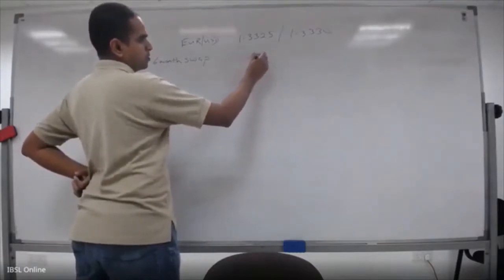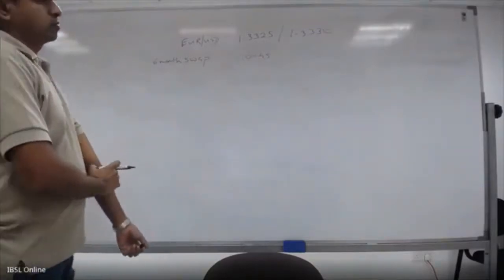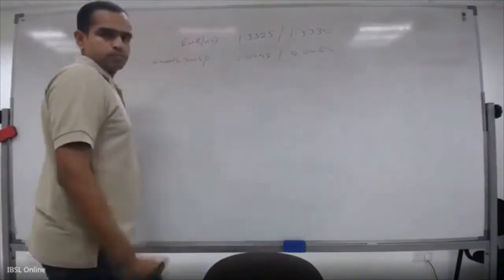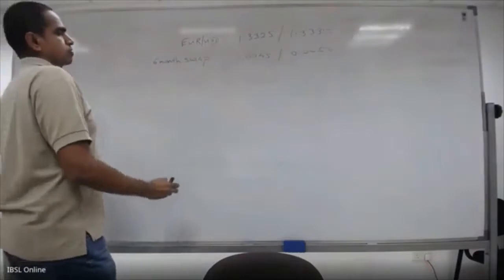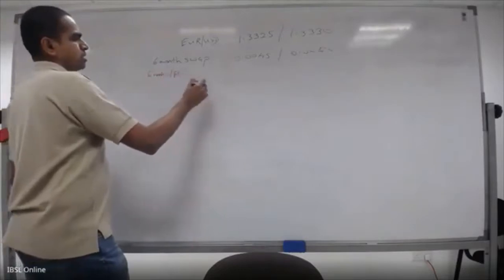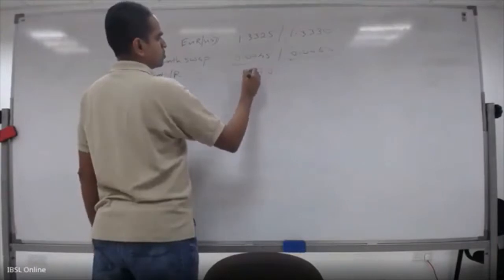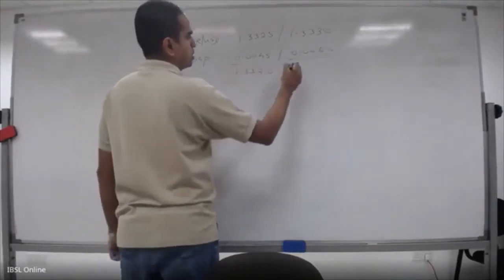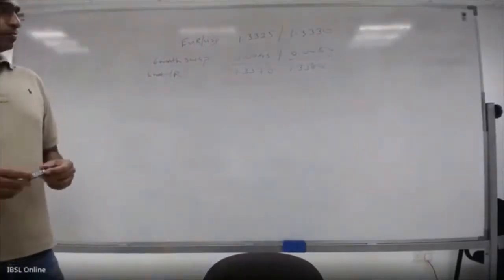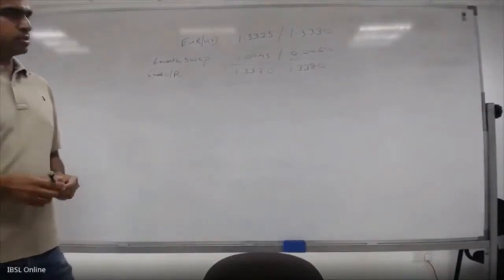The 6-month outright comes to 133.70, 133.80. At what rate can I buy 6 months euros? Euro is the base currency. You can buy the base at the offer. So the answer is 133.80.